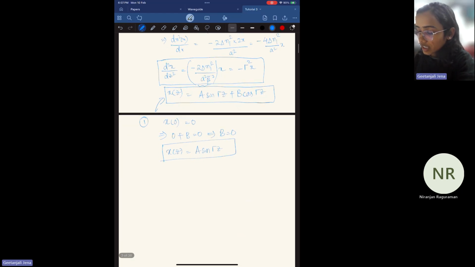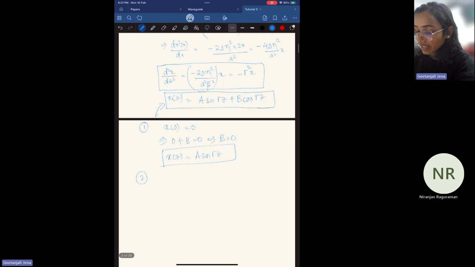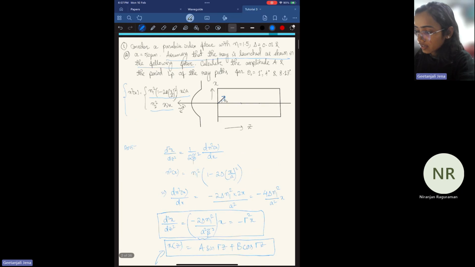The second boundary condition is the slope of the ray when it is initially incident on the core, which is theta 0.